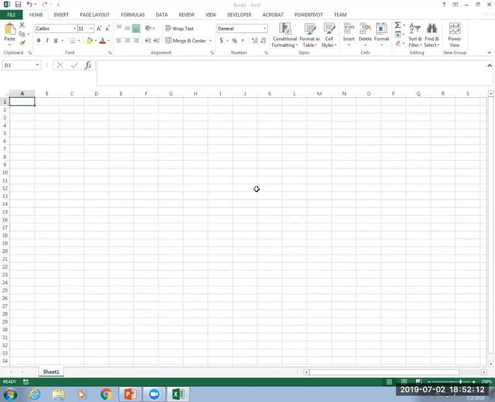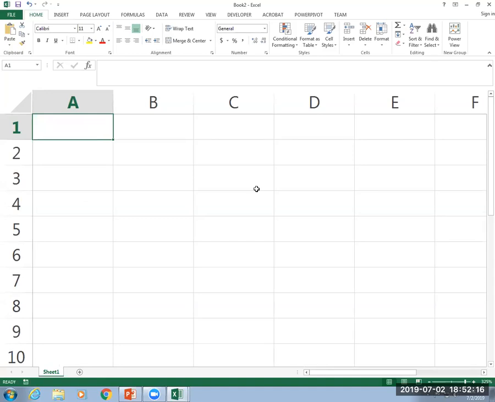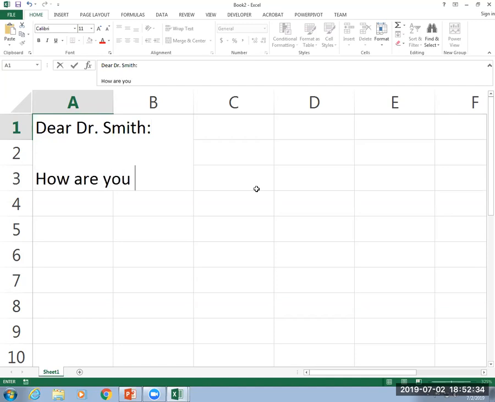So instead of writing a letter and saying "Dear so-and-so" in Microsoft Word, she would go into A1 and say, "Dear Dr. Smith," Alt Enter, Alt Enter, Alt Enter. "How are you today?"